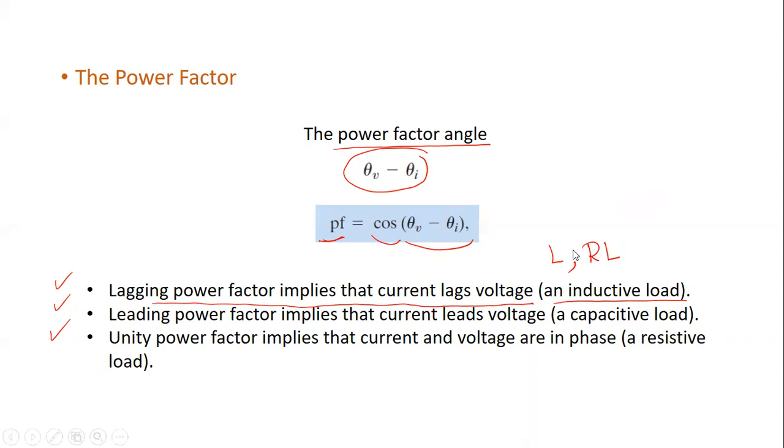If you have a resistor and inductor in an RL circuit, it is still called an inductive load. And most loads in our real life are inductive loads, so most power factors that you will deal with in real life are lagging power factor.